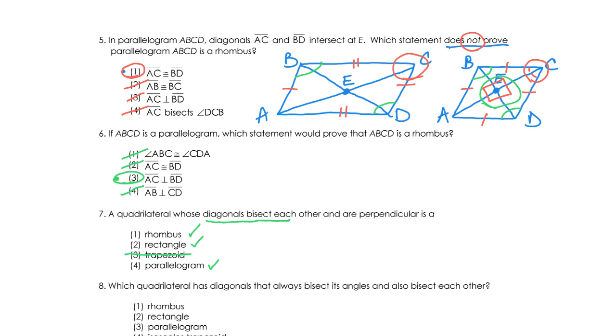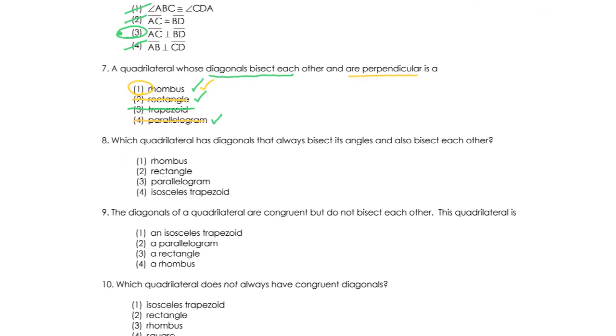Second property is that they want the diagonals to also be perpendicular. That happens in a rhombus, does not happen in a rectangle, and it does not happen in a parallelogram. So we're going to stick with number 1. A rhombus has diagonals that bisect each other and are perpendicular. So number 1. Okay. Number 8.